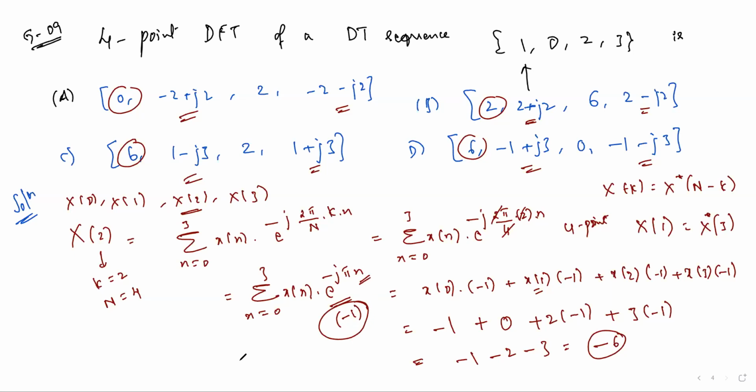That means n takes the values 0, 1, 2, 3, and I have taken minus 1 for all of them. There is a mistake, so these points I have to modify.